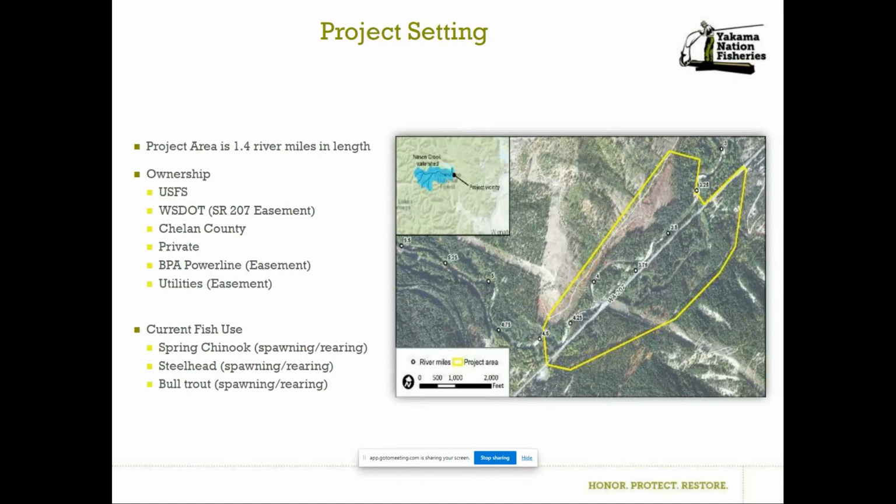And the utilities, we have Chelan County PUD, Zipley Fiber, and T-Mobile. The species of concern for this project are Upper Columbia Spring Chinook, Upper Columbia Steelhead, bull trout, and the life stages that this project addresses is holding, spawning, summer rearing, and winter rearing habitat.